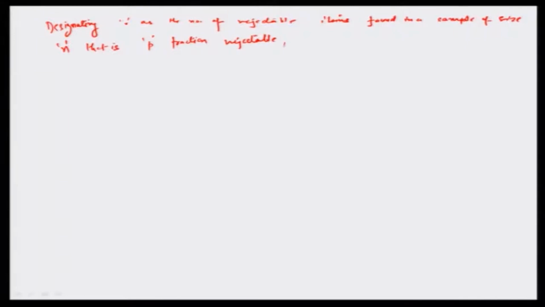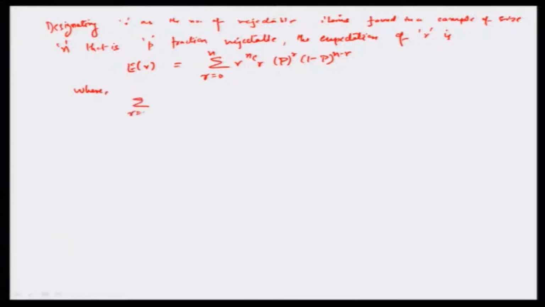The expectation of R is given as E(R) = sigma r varying between 0 and n, r times nCr p to the power of r (1 minus p) to the power of n minus r, where sigma r varying between 0 and n of nCr p to the power of r (1 minus p) to the power of n minus r is actually equal to 1.